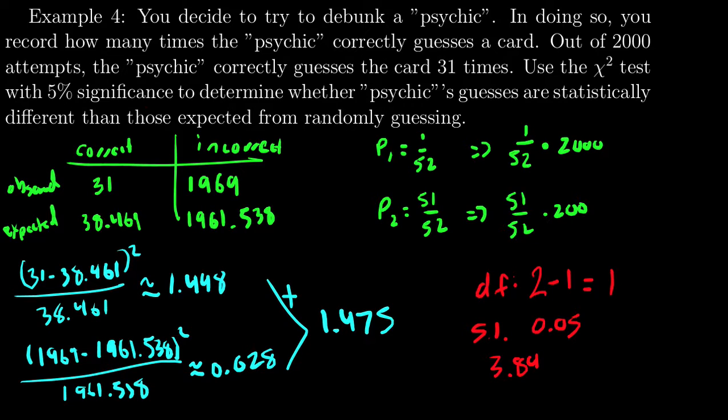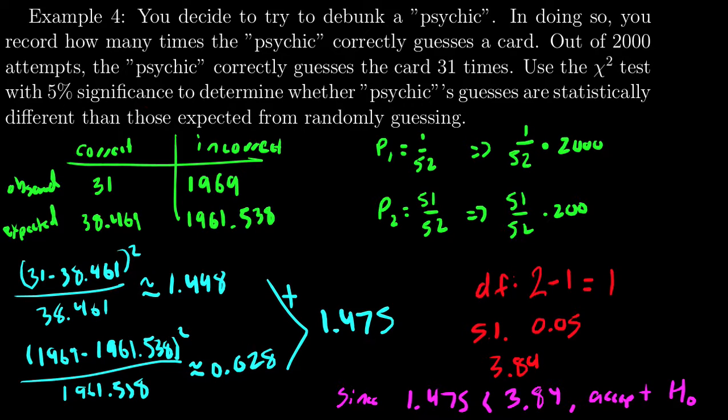And since 1.475 calculated is less than our critical value, we will accept the null hypothesis. In this case, that the psychic is within the statistical bounds of just plain guessing this card, not actually having any useful knowledge here.